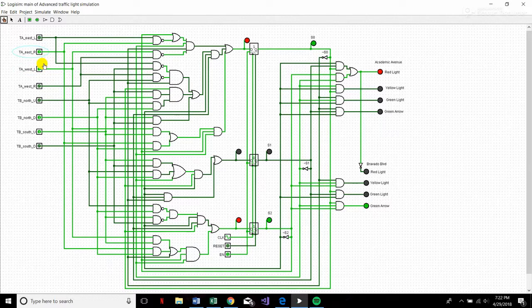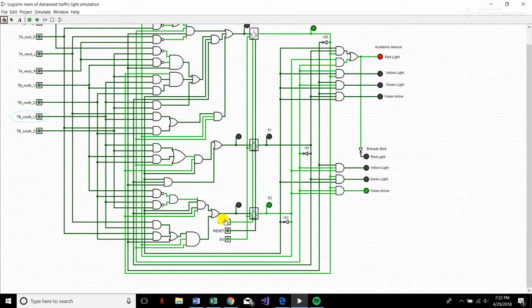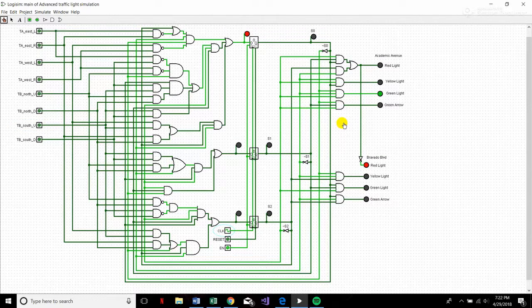So when this condition fails, it will move on to the original state, or the base state, Academic Avenue having a green light, and that is my simulation.